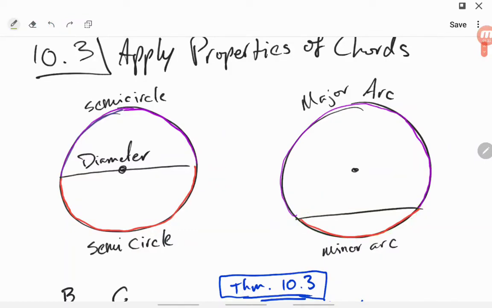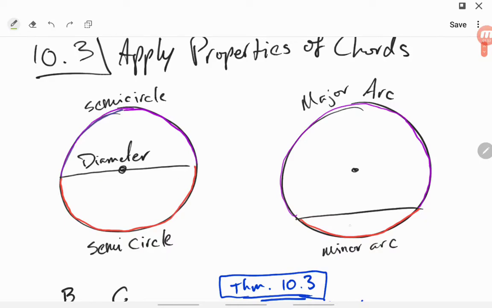All right, so if the chord passes through the center of the circle, like the circle over here on the left, we see a diameter here. That diameter is in fact a chord, and that chord cuts this circle into two semicircles. I see this purple one here, it's a semicircle, and I see this orange one here, that is also a semicircle.